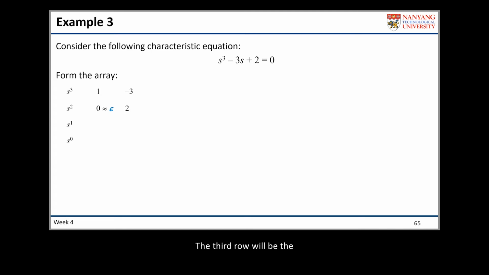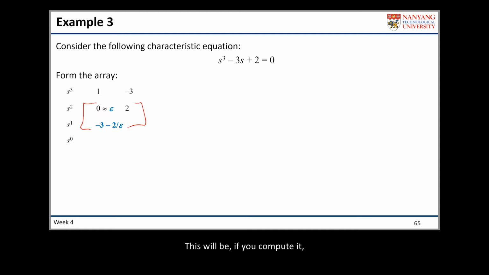The third row will be the negative determinant of this matrix: -3 times epsilon minus 2 times 1, divided by epsilon. So that will be equal to -3 minus 2 divided by epsilon. Again, epsilon is a small positive number. Don't forget that. I complete the third row. I can move to the fourth row. We can compute the negative determinant of the matrix of 0, 2, -3 minus 2 over epsilon, and 0.